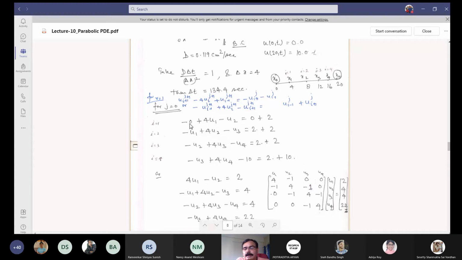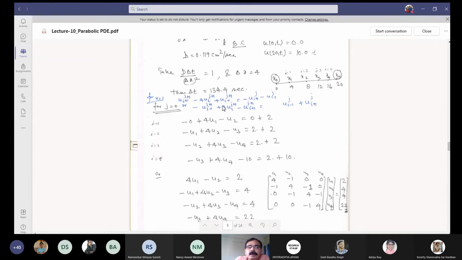Then plus 4 u1, for j equal to 2. You need not write 2, keeping in mind that it is running for j equal to 1. The u(i,2) values will be available to you after solving this. It is up to you whether you want to write that j plus 1 or not, it does not matter. For the programming part it is not required.